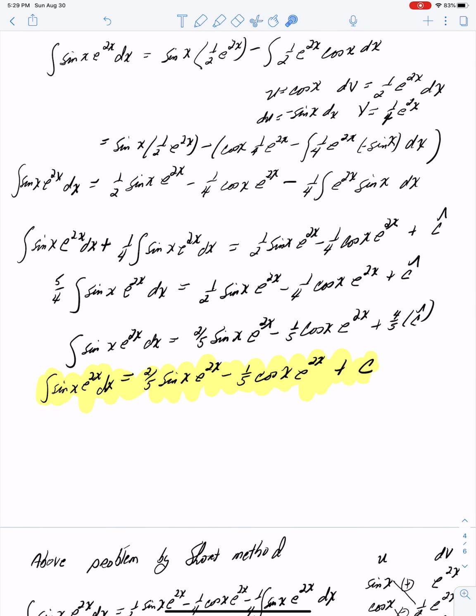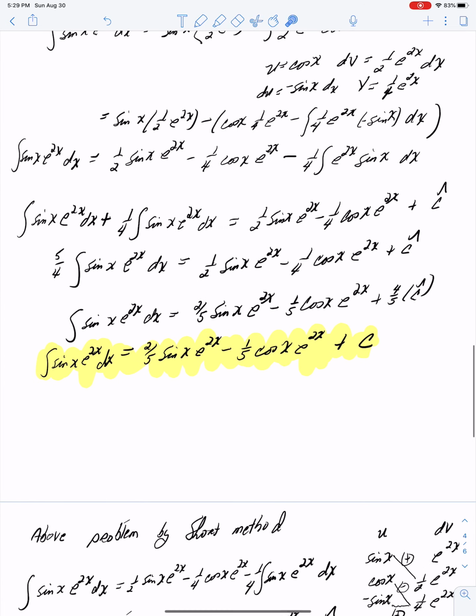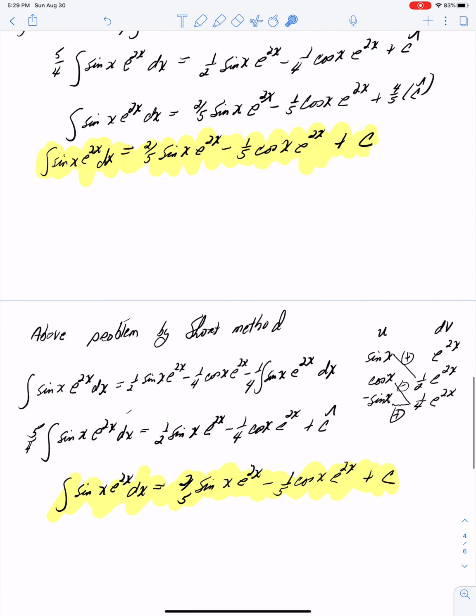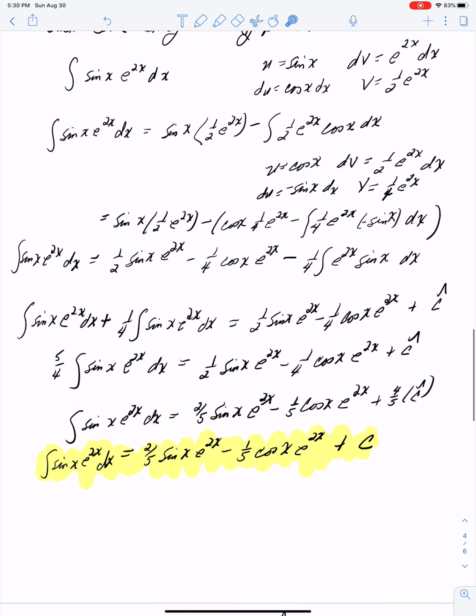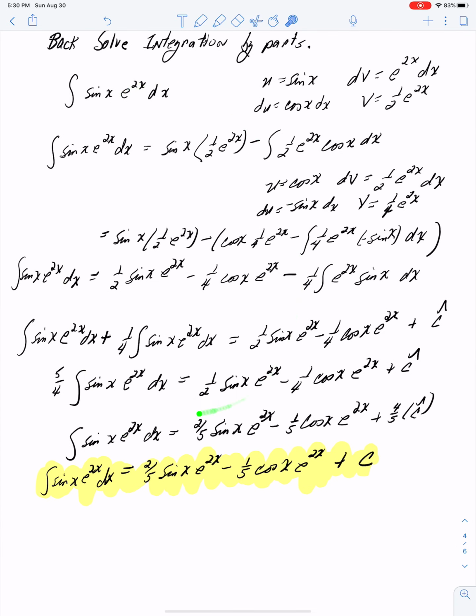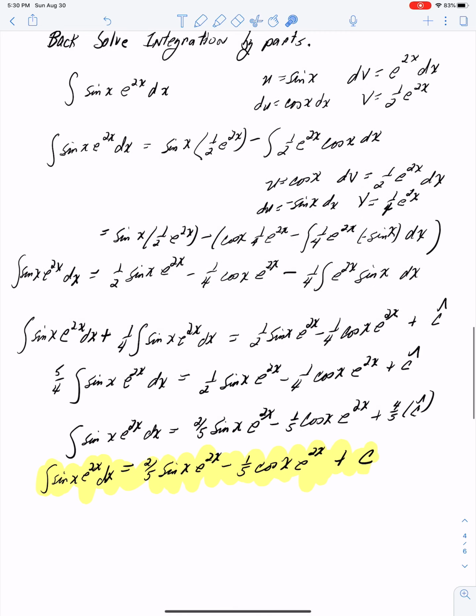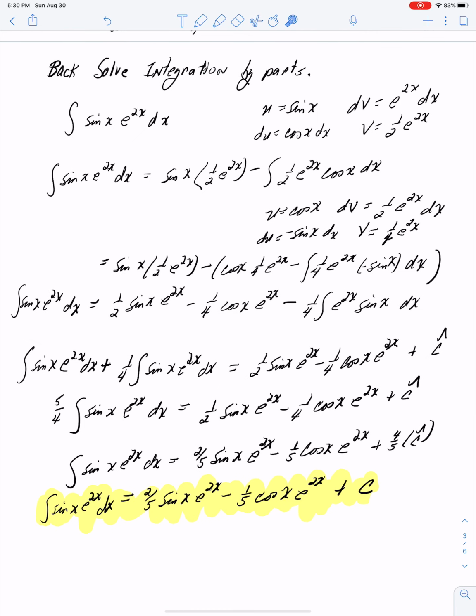We pulled it over the other side and we solved for it. Now I'm going to show you how you can do the same problem using the short method and look at the difference in work. There's what we did last time.